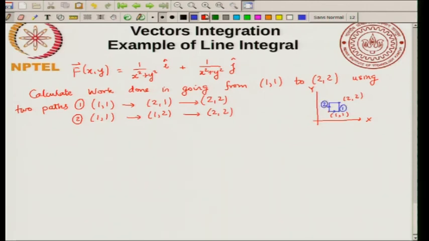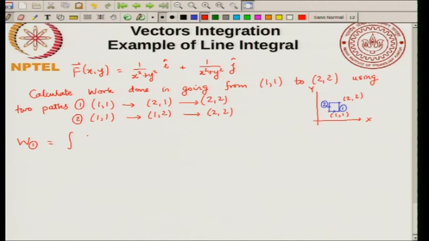Okay. Now, what you have to do is, in either case, you will write the work done. Let us calculate for path 1. This is equal to the integral of F dot dr, and dr is dx i plus dy j.